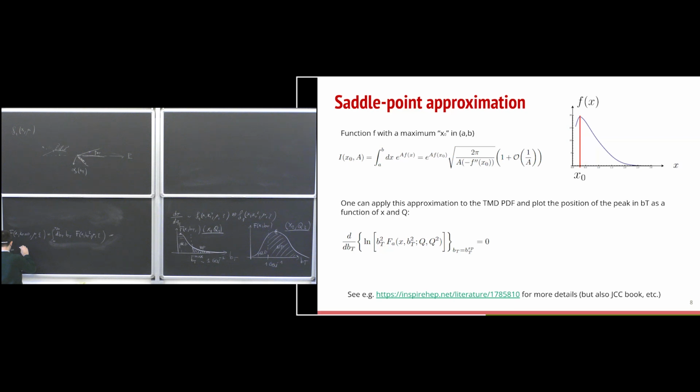If you change variable from bt to the log of bt squared, then the integral becomes an integral from minus infinity to plus infinity, you integrate in log of bt squared, you have a 4 pi factor, and you have bt squared times f of x, bt squared, mu and zeta.